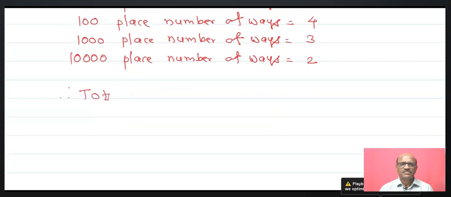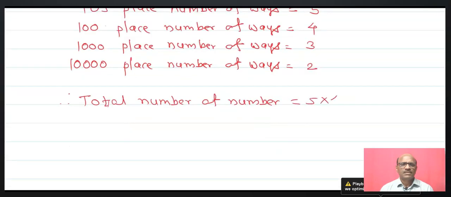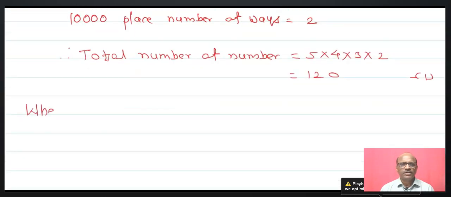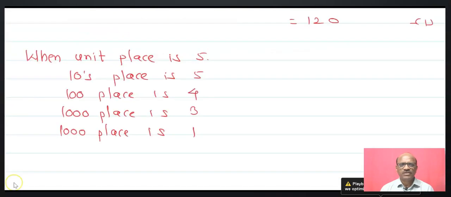Therefore, the total number of this type of numbers whose unit place is 0 is 5 into 4 into 3 into 2, that is equals to 120.